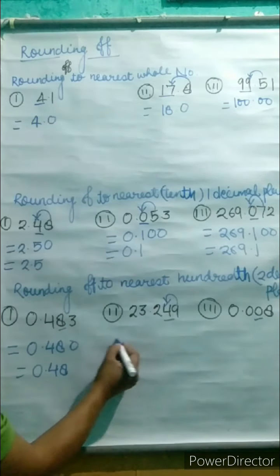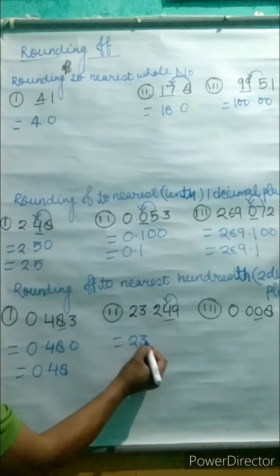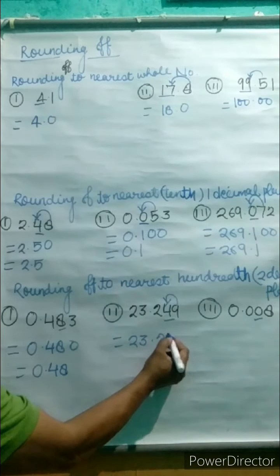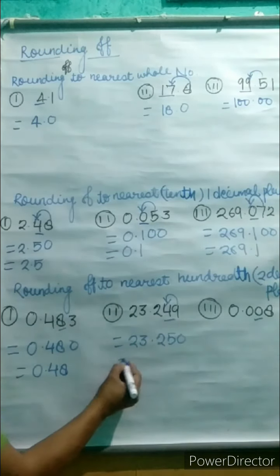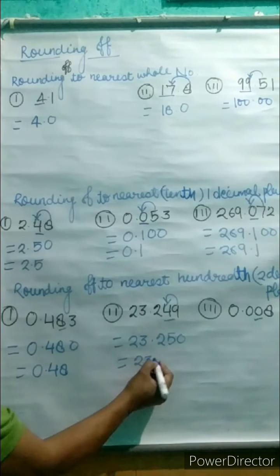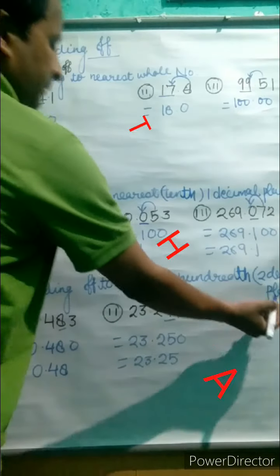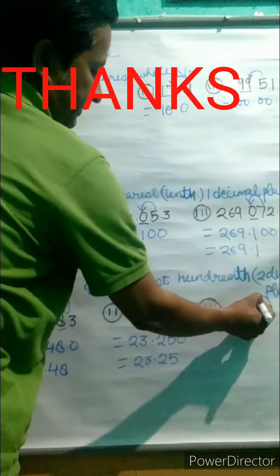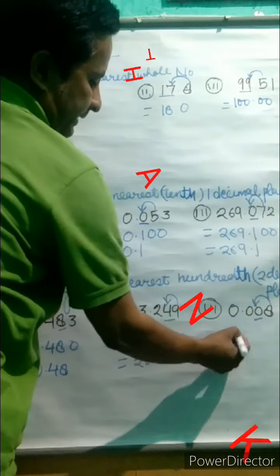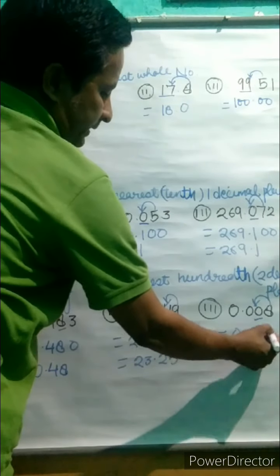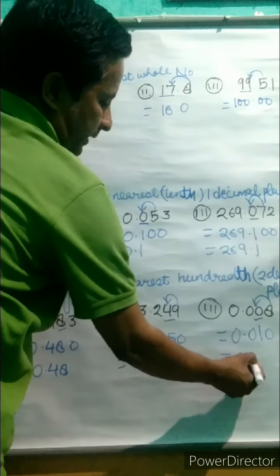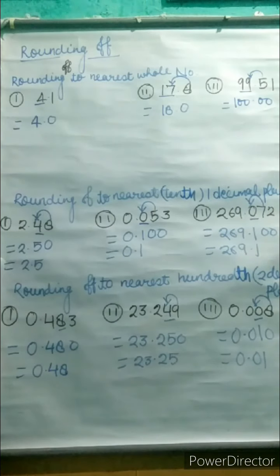You will add 1, and it will become 23.25, and the rest of the places 0. So 23.25. In another one, the place after the second decimal place has 8, which is greater than 5, so we'll write 0.010 or 0.01. These are some questions based on rounding off.